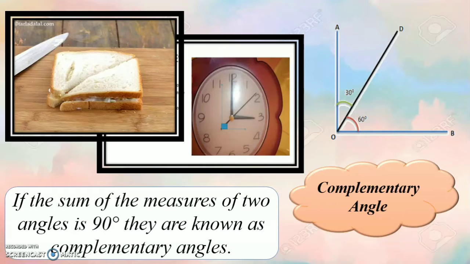That is the complementary angle. So, when you sum the measure of two angles and we get the sum as 90 degrees, then they are known as complementary angles. Now, we will see one example based on complementary angles.